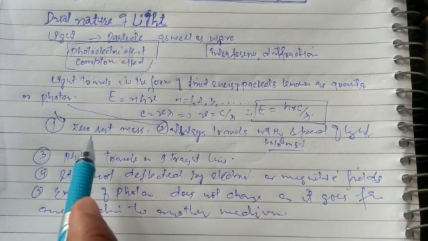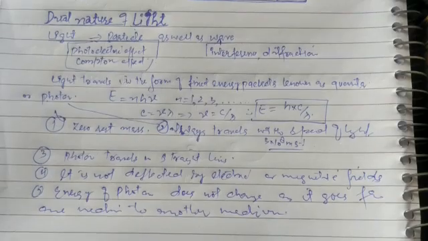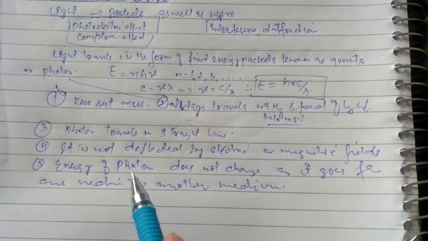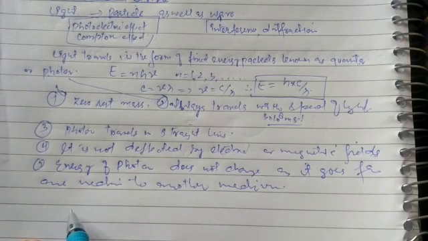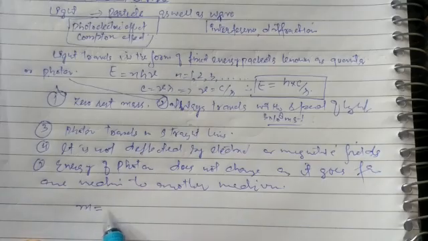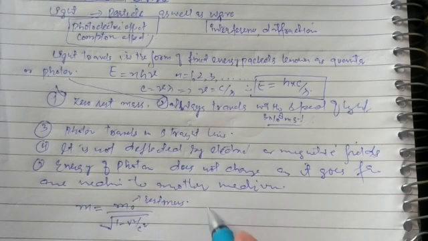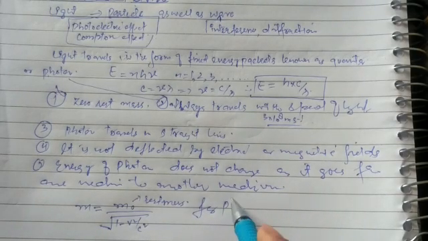As I told you that the rest mass of a photon is zero, you can see it from here also. We know the mass of a particle moving with velocity v, called the relativistic mass, is m equals m naught by under root of 1 minus v square by c square, where m naught is the rest mass. For a photon, v equals c.